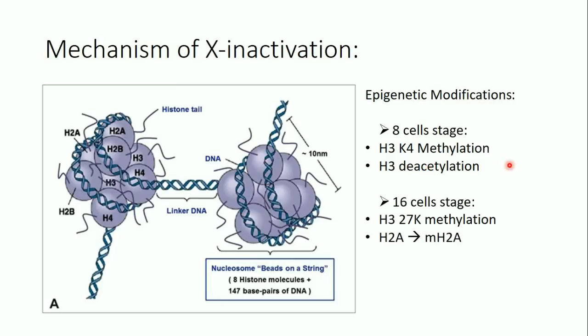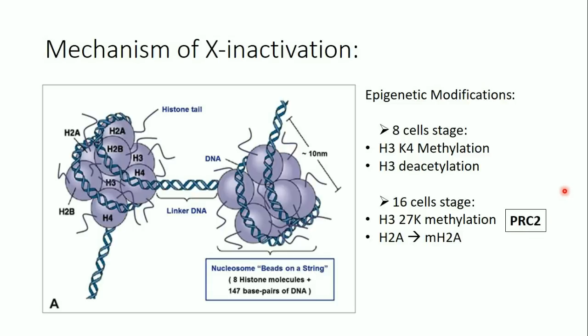Then at the 16-cell stage, we also have methylation on histone 3 lysine number 27. This happens because of a protein called PRC2, which is recruited by the stable XIST RNA I told you about.